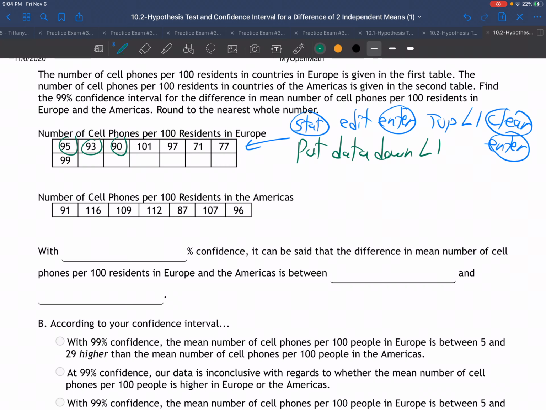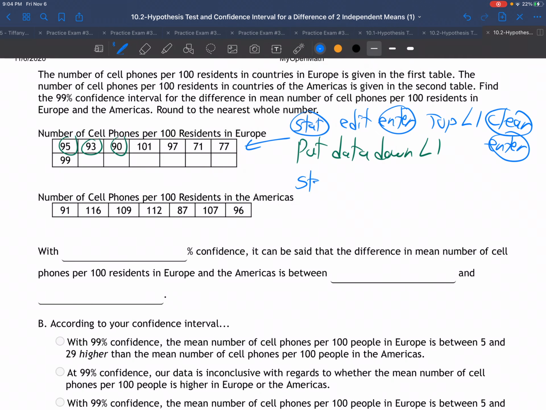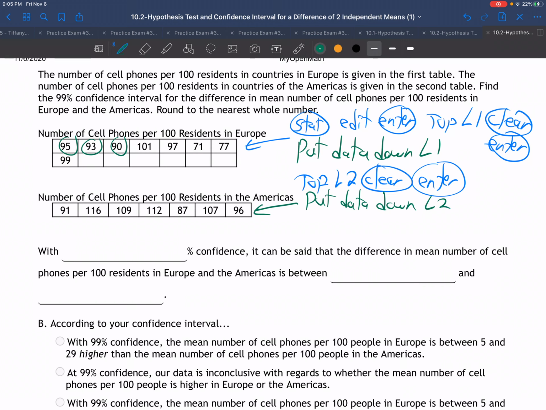Now do the same thing for L2. You don't need to push stat again. You just go to the top of L2, press clear, and enter to clear out L2. Then same thing, put this data down L2.